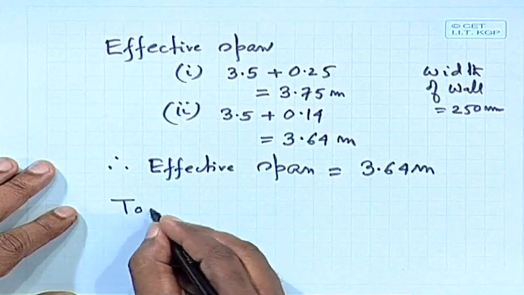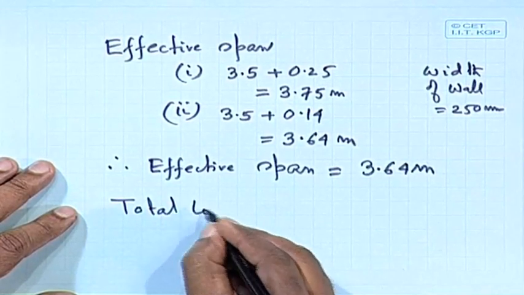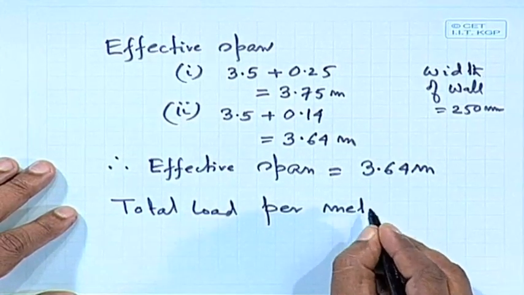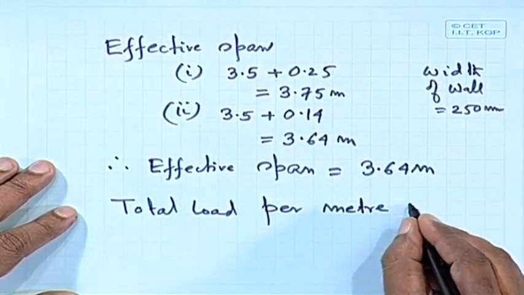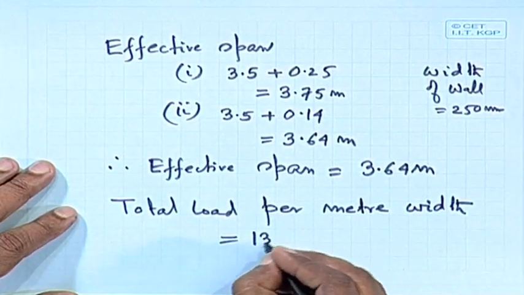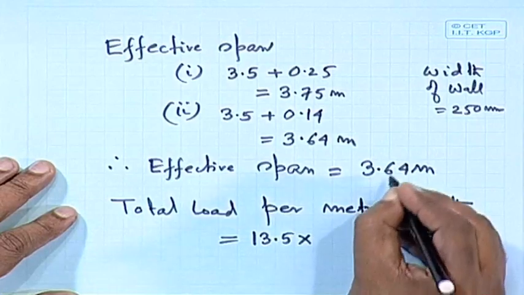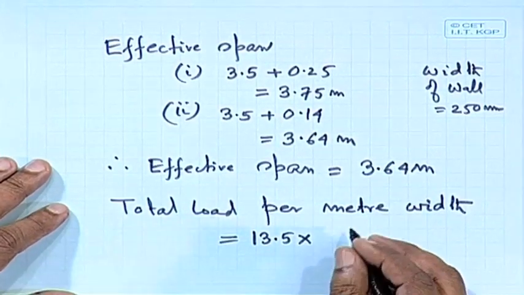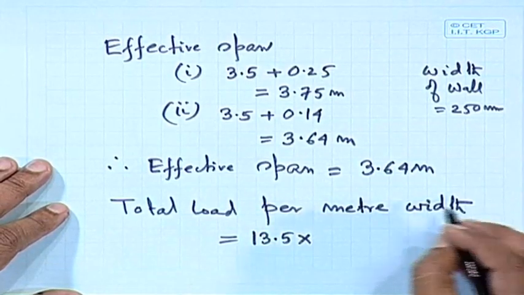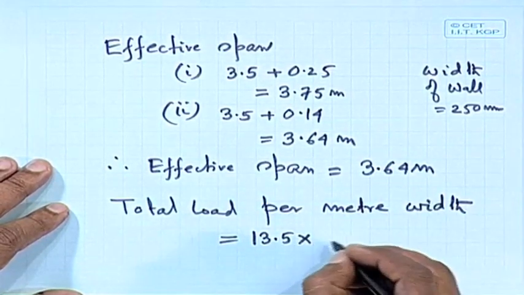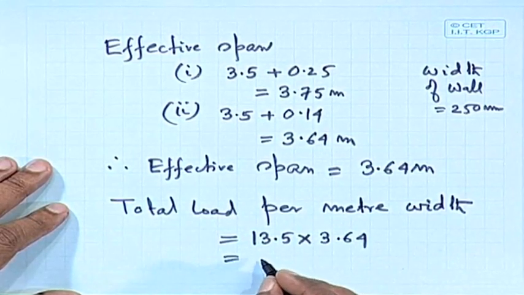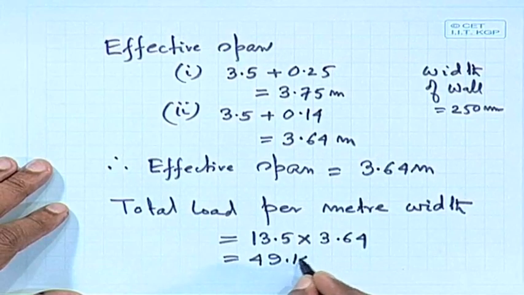Total load for meter width equals 13.5 times 3.64, which comes as 49.14 kilonewton.